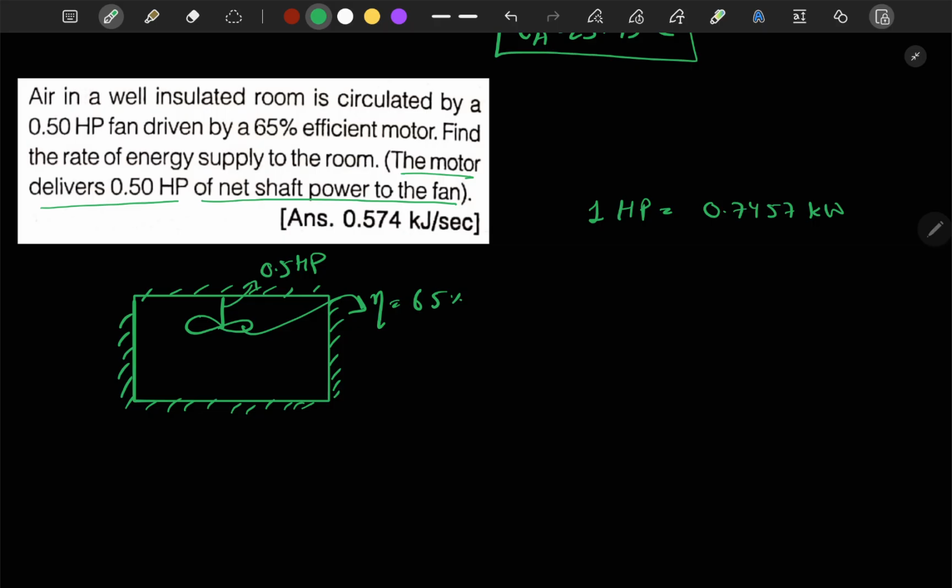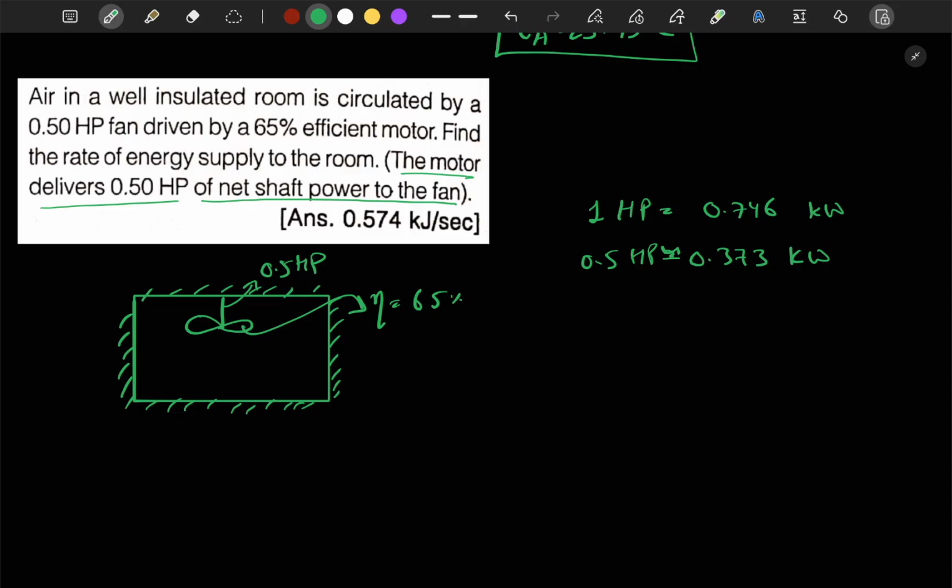Hence we can write 0.5 HP is equal to 0.373 kilowatt.